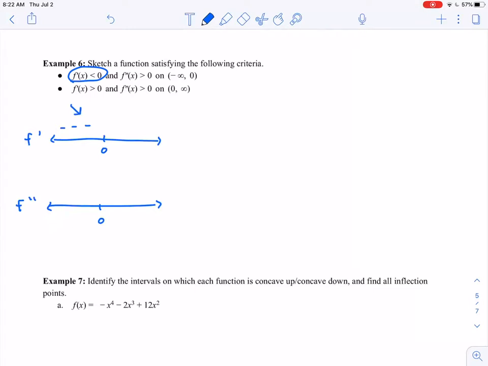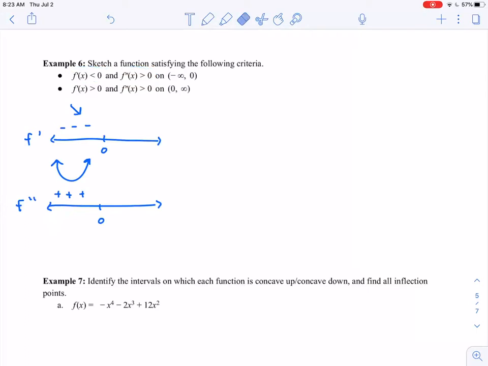And then we also said f double prime of x is greater than 0 on that same interval. So I'm going to put some little positive signs right there so I know that the second derivative is positive. And then the other thing I like to do is draw in a concave up function, again, just so that I remember the general shape of what I should be looking at.